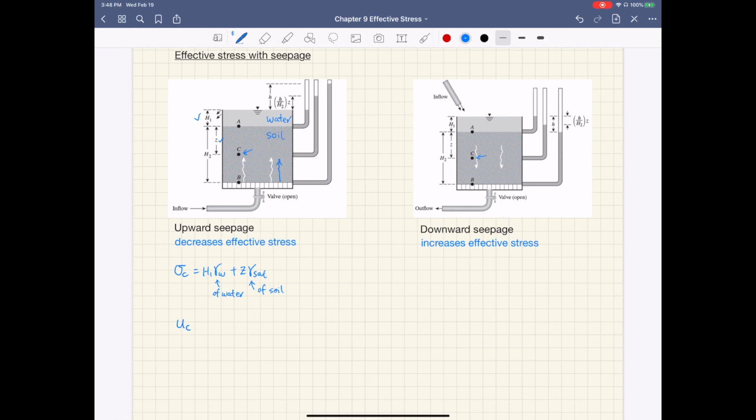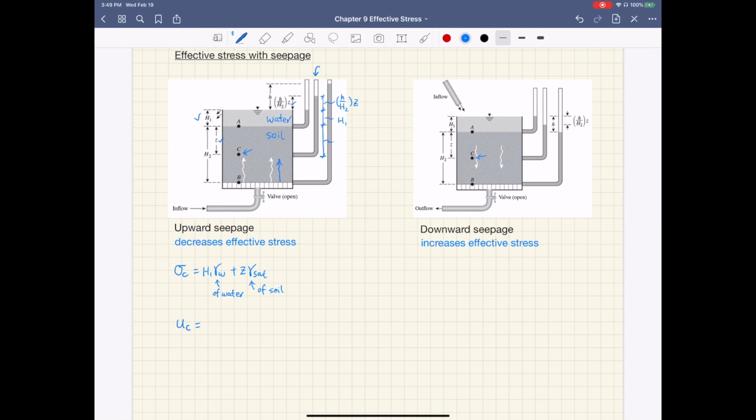For pore pressure at C, we have a standpipe here. The pore pressure at C is the height of water inside the standpipe times the unit weight of water. This height has several parts. The first part is this top portion here, which is small h over h2 times z. Then the second part is simply h1.